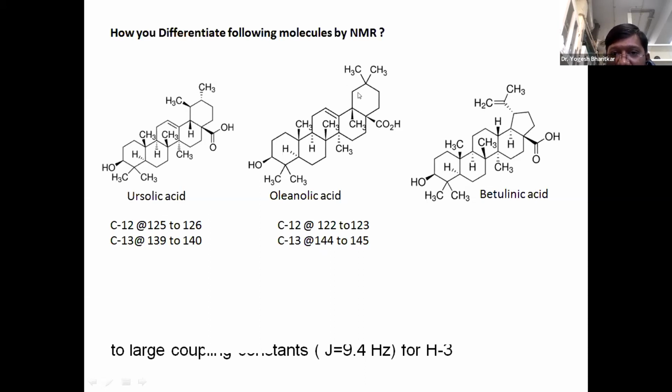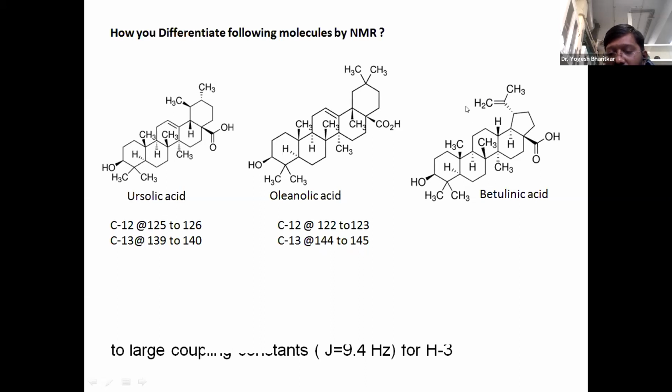Here we get one CH2 extra in the case of DEPT 135, and we get less CH in the case of oleanolic acid. In the betulinic acid case, this CH2 signal in the DEPT spectra is a distinct signal, mainly at 110 ppm.